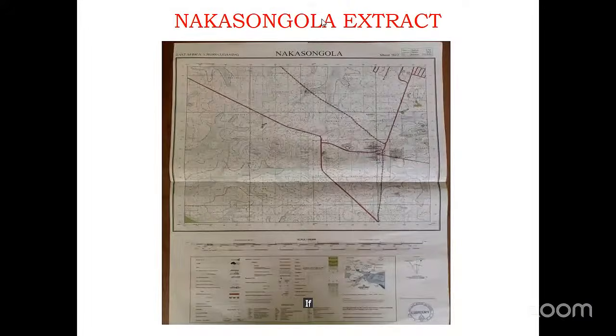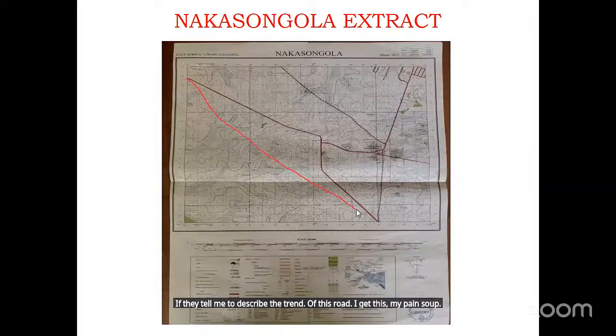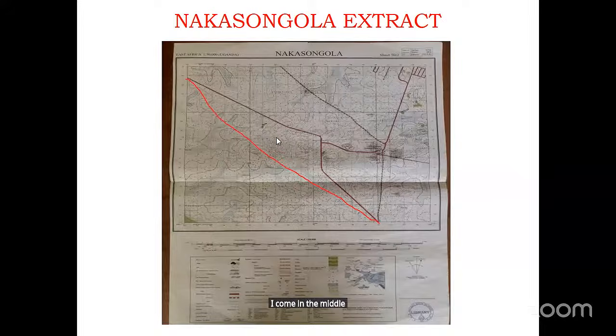If they tell me to describe the trend of this road, I get my pencil and a ruler, I join. I have drawn that line. I come in the middle, any point. At this point, I draw a compass rose. Then, using a protractor, I measure that angle.